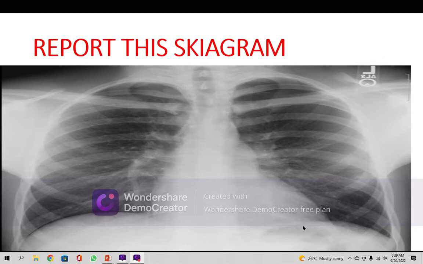This is the lower part, which indicates the heart and the coverings. Upper part, the great vessels. In the lower part, two things should be noted: size and shape. The size, the maximum ratio or maximum diameter of the chest cavity should be taken above the dome of the diaphragm, here to here.